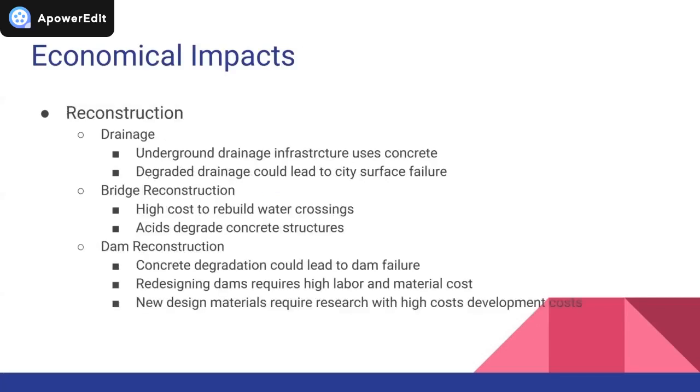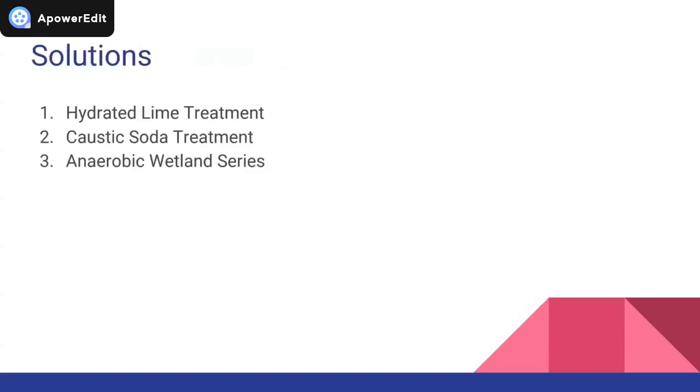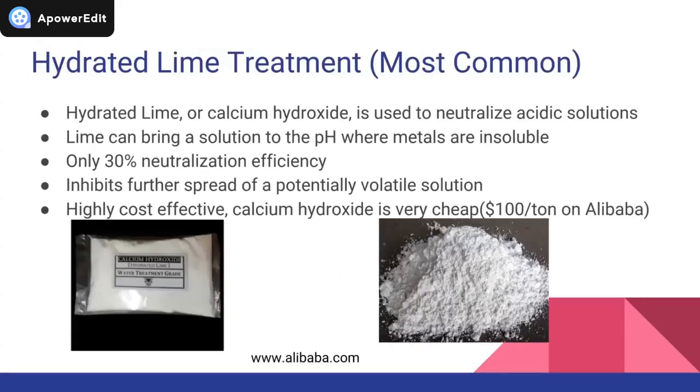Also, after the damage from the AMD, you need to reconstruct. The drainage, bridges, and dams will also be affected by the acid, so if you want to repair that, it costs a lot of money and a long time to solve the problem. It will also affect human life. And here are some solutions for the AMD, which we're talking about later.